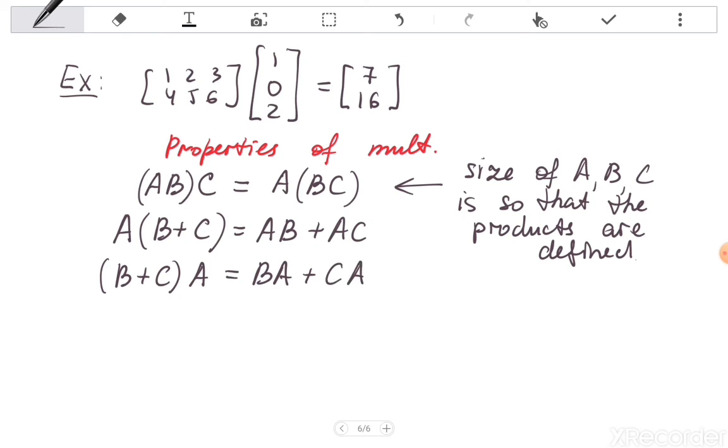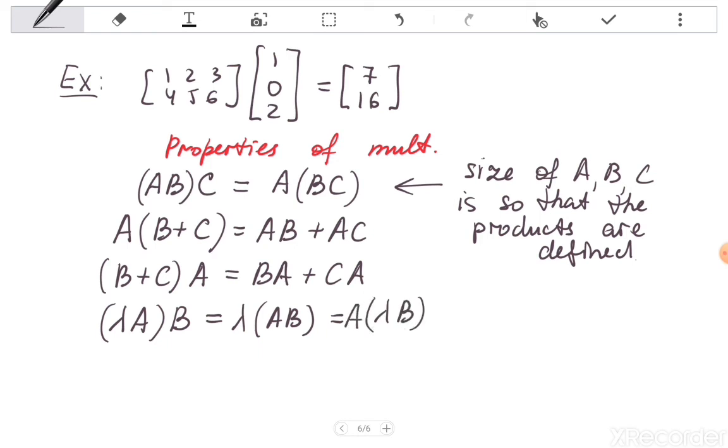What else? If we multiply some number by matrix A and then multiply the resulting matrix by B, this is the same as multiplying A and B first and then by this number, or this is the same as multiplying B by this number and then multiplying by A. So we have these nice properties.